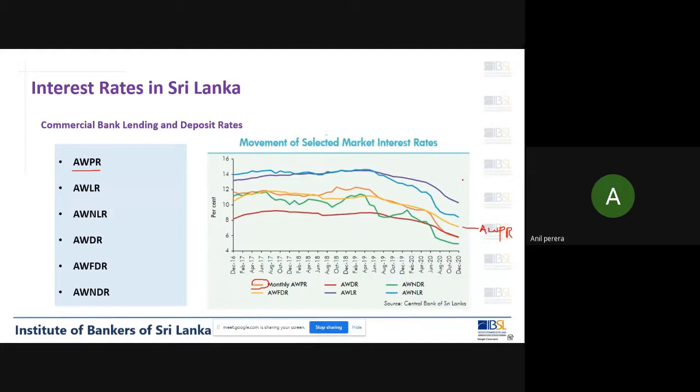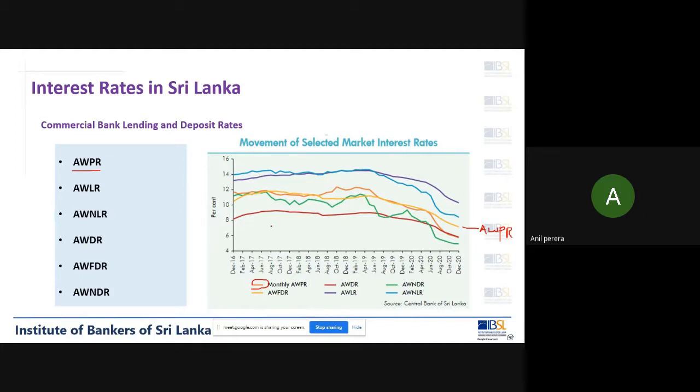There is no differentiation whether it is prime or not. All outstanding loans, the loan stock, is taken. People like us, when we borrow, our rate is captured by this AWLR. Credit card loans, housing loans, mortgages, car loans, everything is captured here.